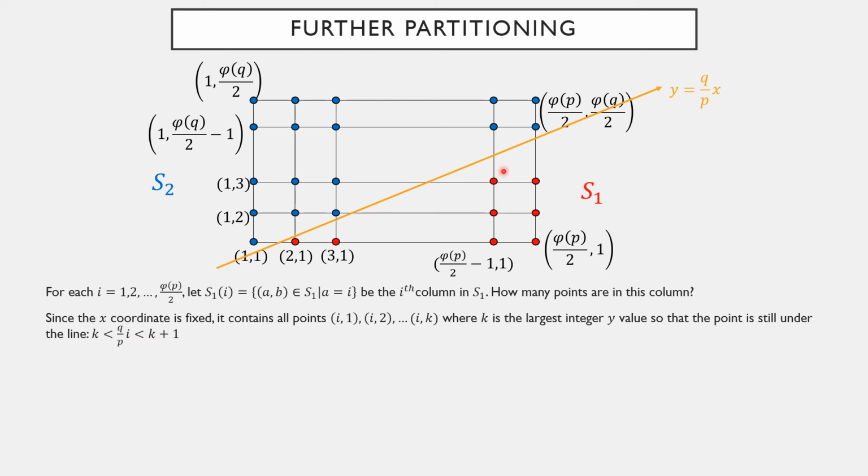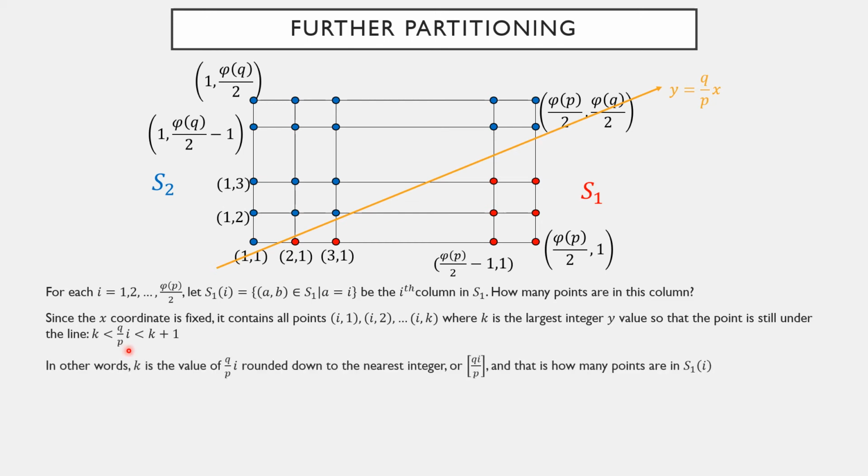If I would exactly jump the line going from I comma k to I comma k plus 1, the y value on the line is q over p x. So going from k to k plus 1 would jump the value q over p times I, because I have fixed my x-coordinate to be I. In other words, k is an integer less than q over p times I, but k plus 1 is bigger.